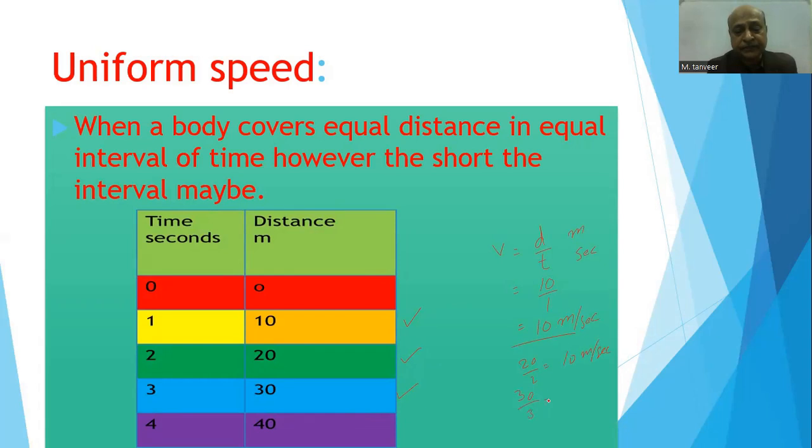So your answer will be 10 meter per second. Similarly, in the fourth case, distance traveled is 40 meters, time is 4 seconds. Speed will be 10 meter per second. So in each case, you get the speed 10 meter per second, which is the same. This same speed is called uniform speed.